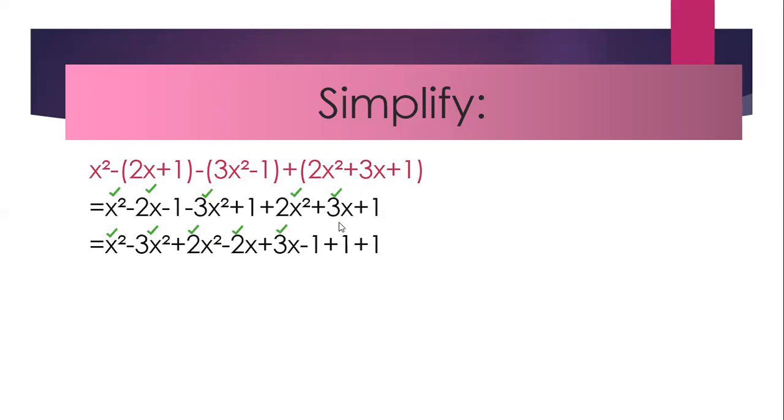Now, is there any more x? No. Now, minus 1 will be copied here. Plus 1 is there. And then plus 1. Clear? Now, when you arrange the like terms together, it will become easy for you to simplify it. These are 3 like terms, these are 2 like terms, and these are 3 like terms.